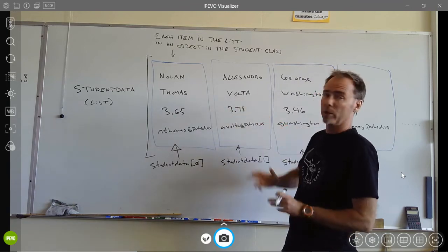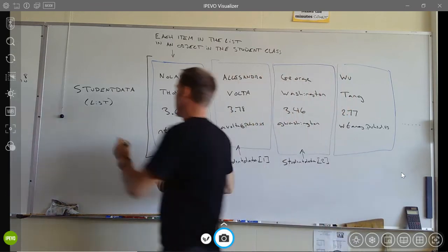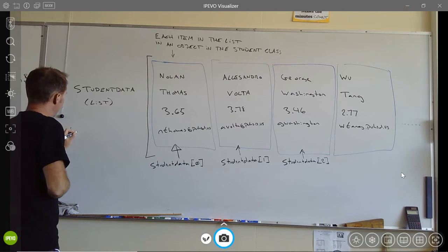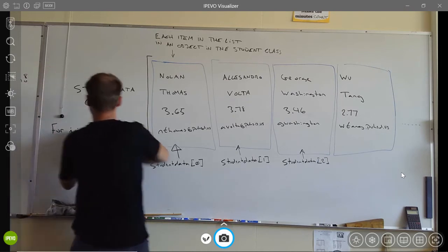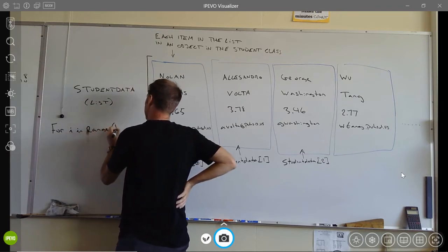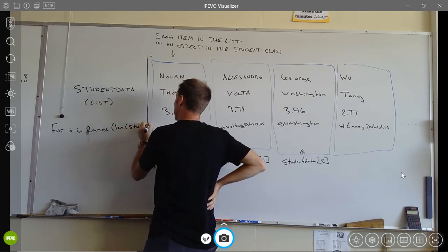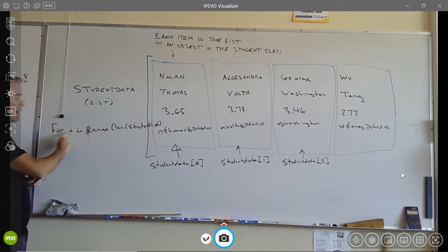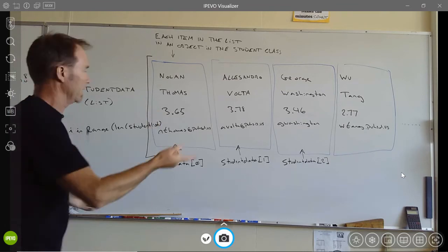To look all the way through the list for Volta, I would write for i in range, length of student list, and that goes through the entire list.